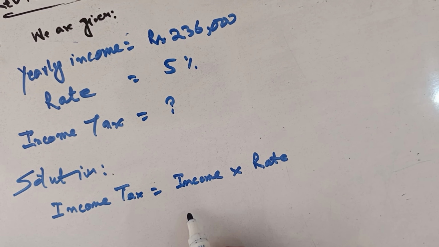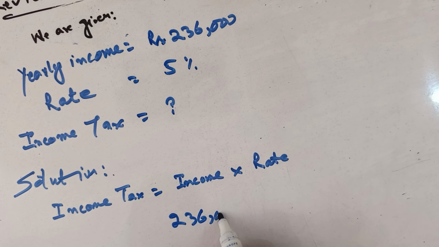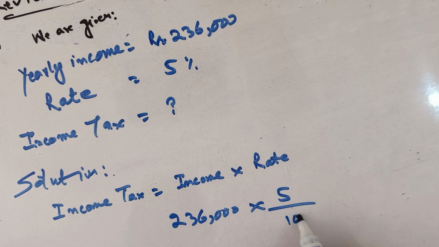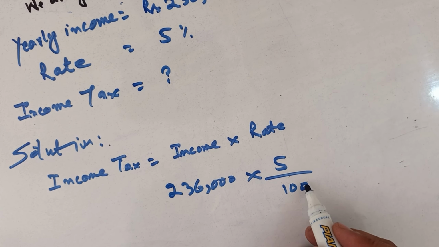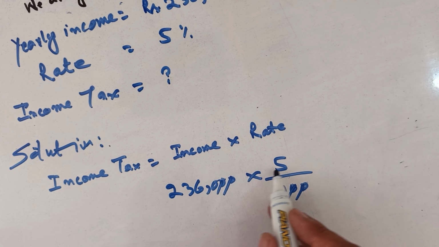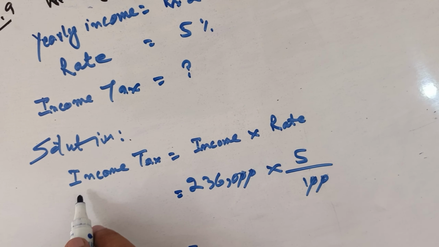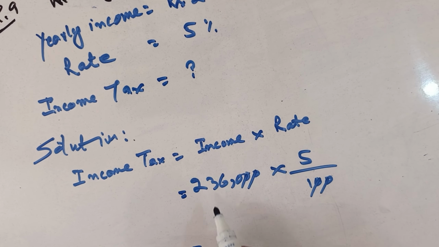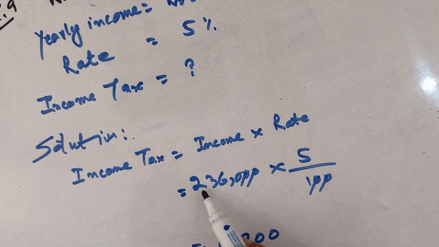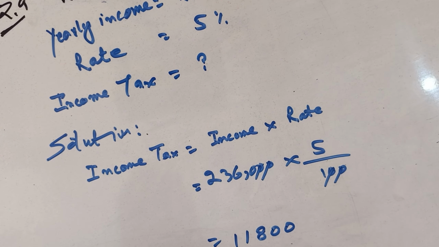And we know the amount of income is 236,000 and the rate is 5%. We will cancel these two zeros with these two, and we will multiply this and we will get the income tax. Yes, I have multiplied this amount and got this. So this is the answer of question number 9.